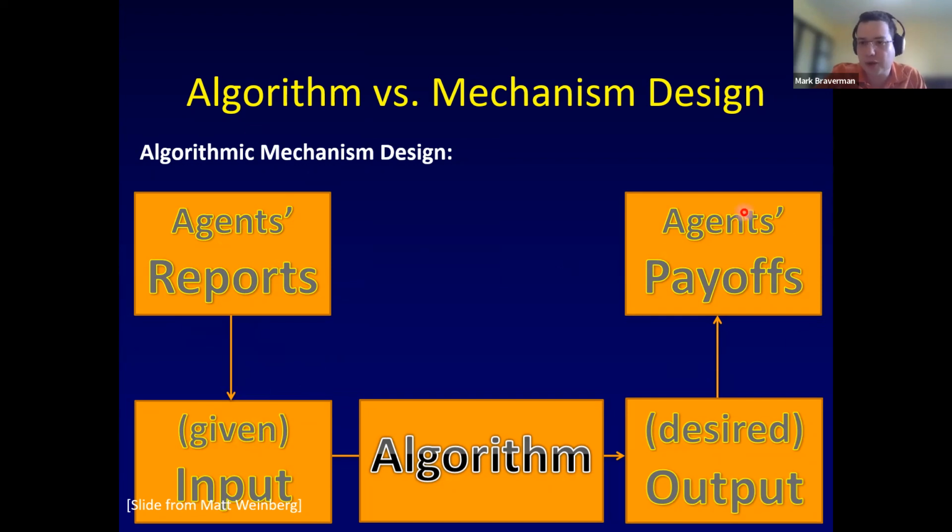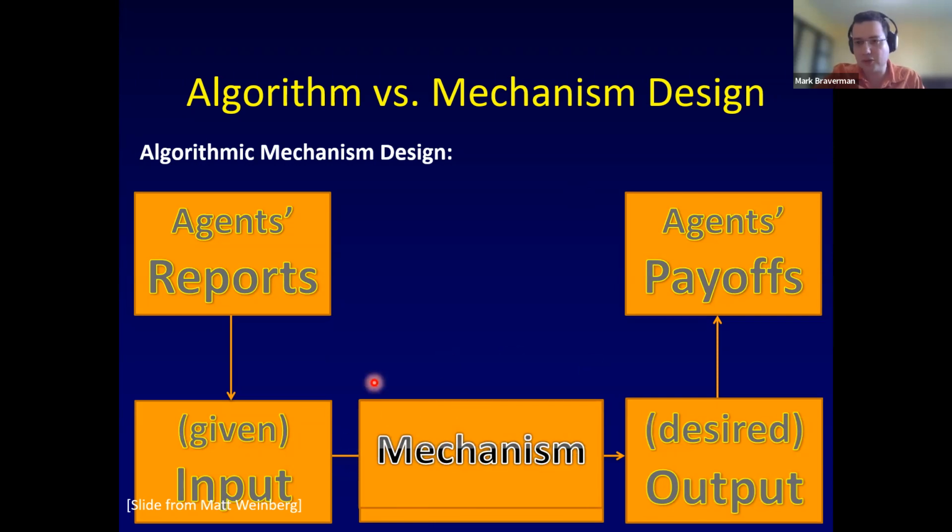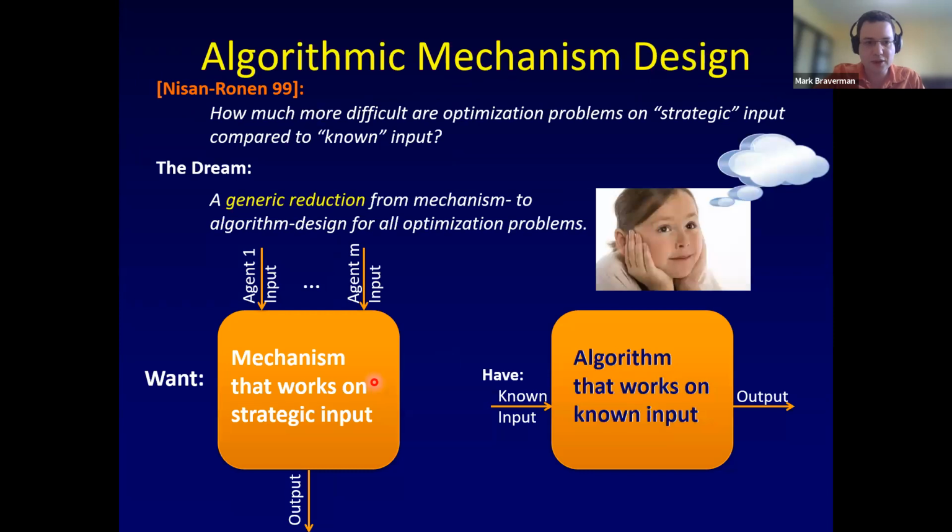For example, in an auction, the willingness to pay comes from the agents, but they also care about how much they pay. So they might underreport their utilities in order to pay less in the end. When we have to take those issues into account, this is a mechanism.